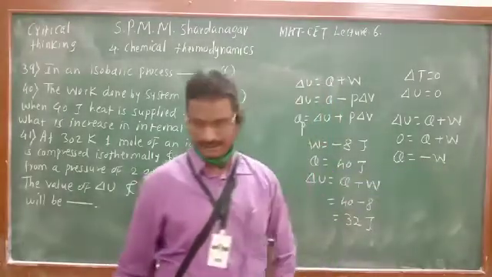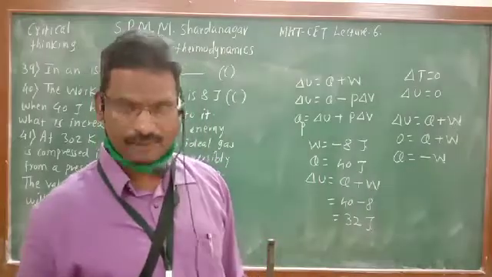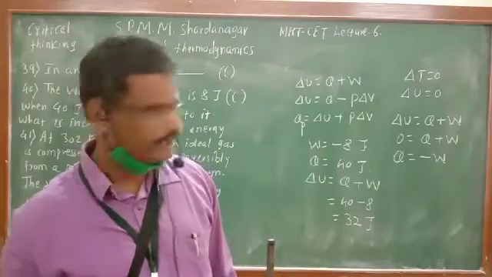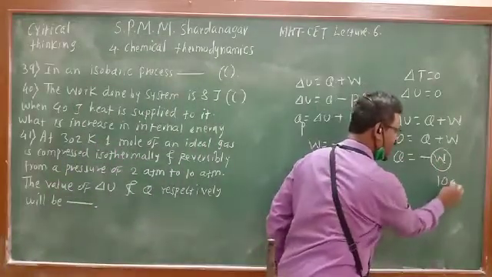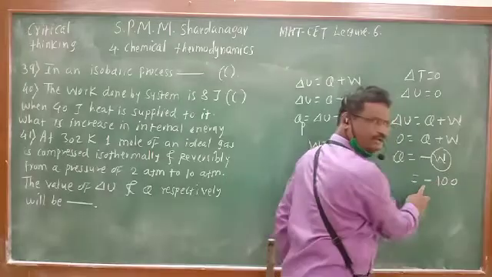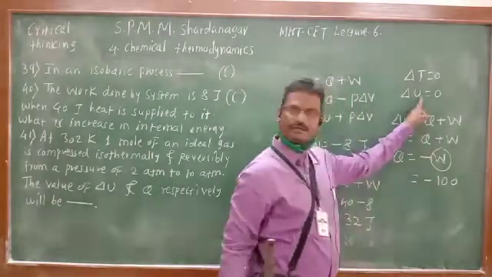The second option is correct, option B, because Q will be negative. Suppose this answer is 100, so Q comes to be minus 100. So Q is negative and delta U is 0.